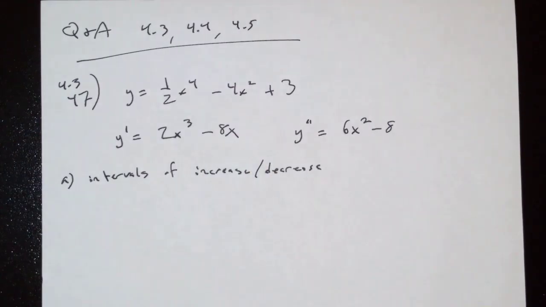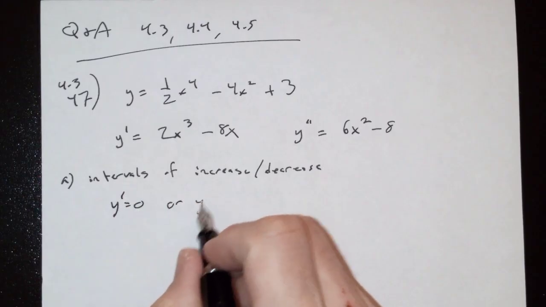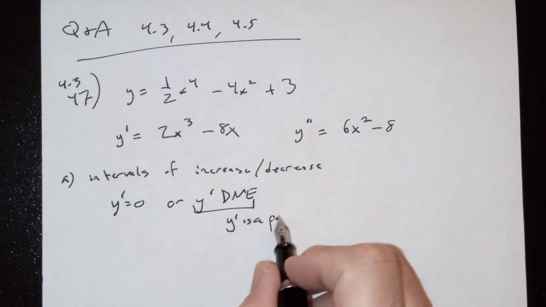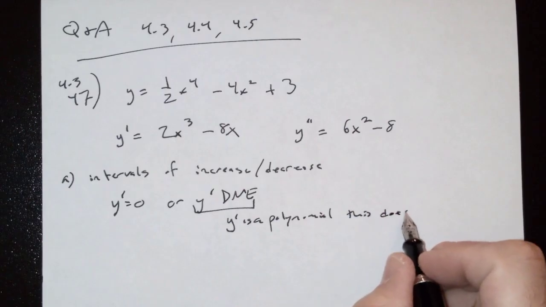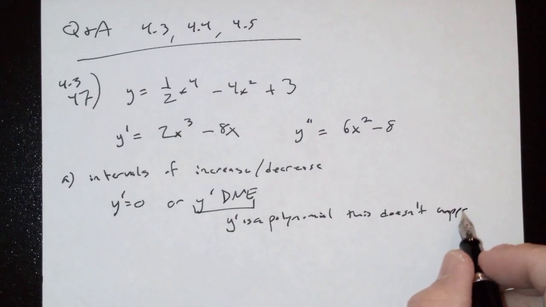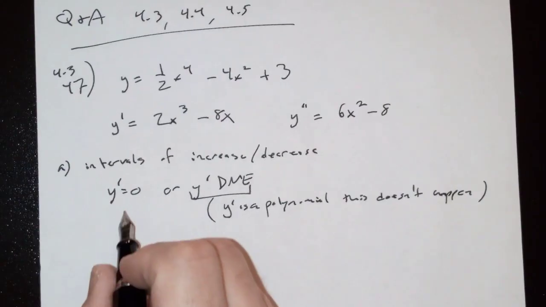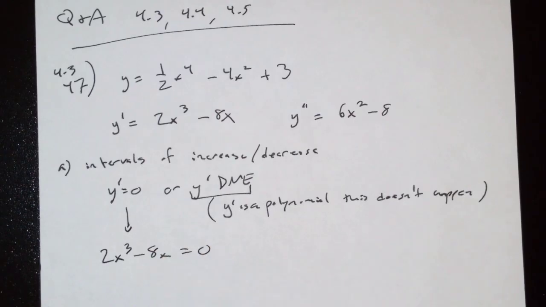But this is a polynomial. It's defined everywhere. I need to note why I'm ignoring that option. You can't just only worry about zero. I need to make sure I know where this is undefined. It's never undefined. Where's that zero?